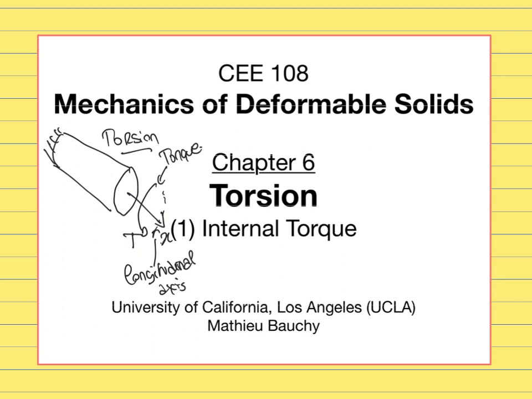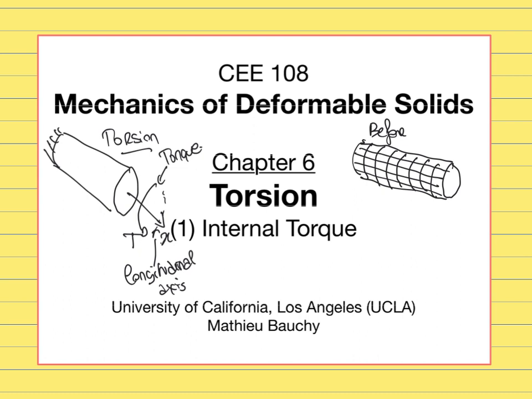If you think about what type of deformation torsion will do, consider a cylinder like this before deformation, and let's assume that you have some kind of grid that is printed on this cylinder. So you have a grid like this, where initially this grid is made of small little squares.